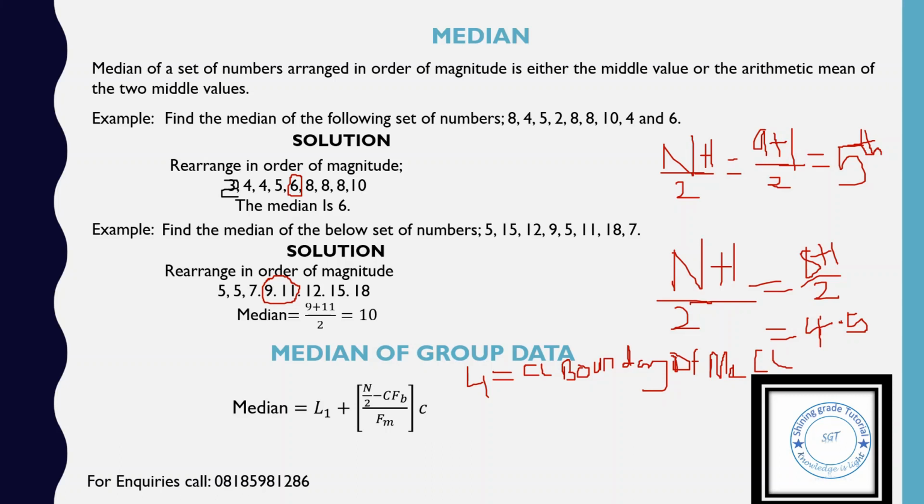Alright, that is L1. N is the number of observations. You know what N is, always the total number of observations.